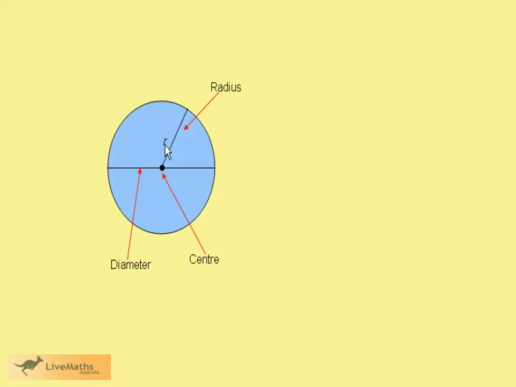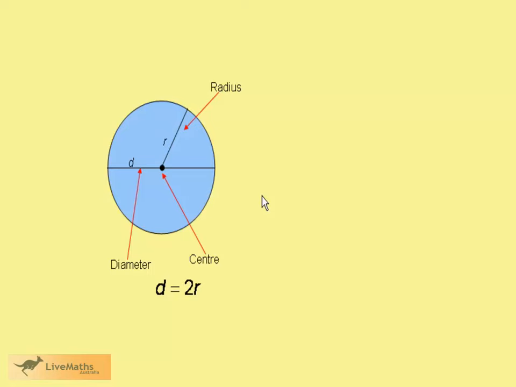If we say that the radius has length r and that the diameter has length d, it should be clear that since the diameter is made up of two radii, it will be twice the length of a radius. We can write d is equal to 2r.